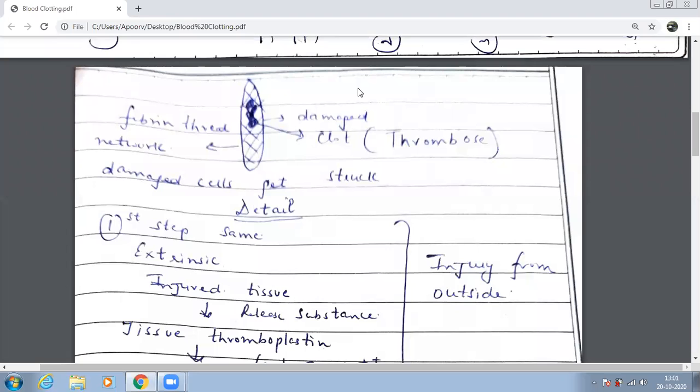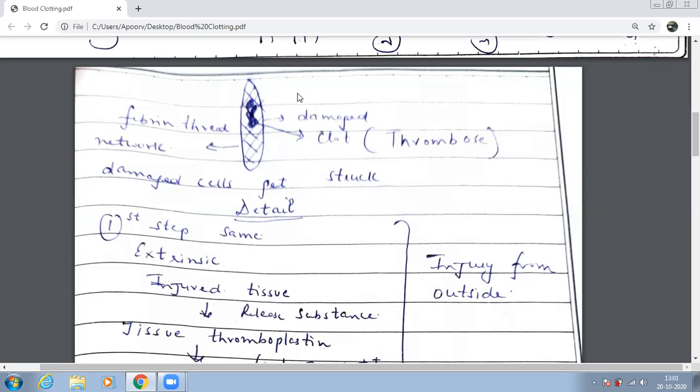Third step. So what has got stuck in these fibers? The damaged cells. And these damaged cells are what we call as clot. Give me two more names of clot. Thrombose and coagulum. Very good.